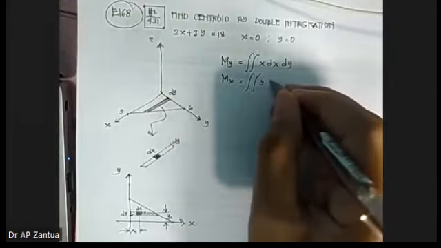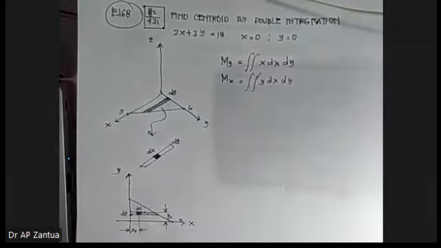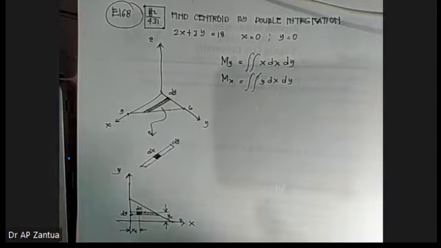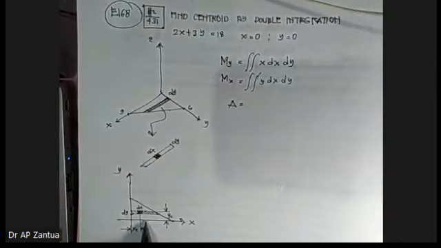So y dx dy. That is how we have to write it. And then we have to get the total of the area. What is the total of the area? We can total the area.